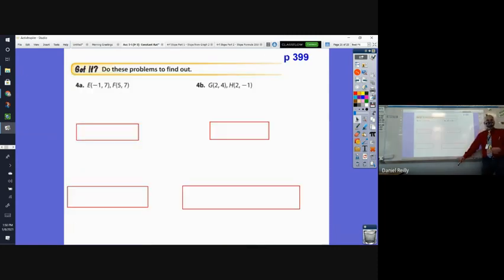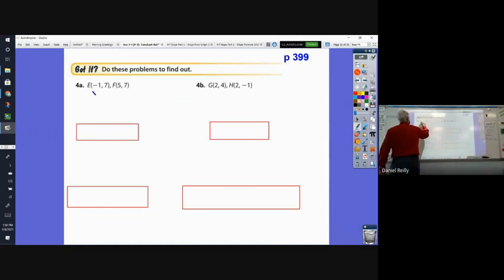Okay. All right. These two example problems from the book. What is the slope of the line? I'm going to go relatively slow on this one for an advanced class. X1, Y1, X2, Y2.